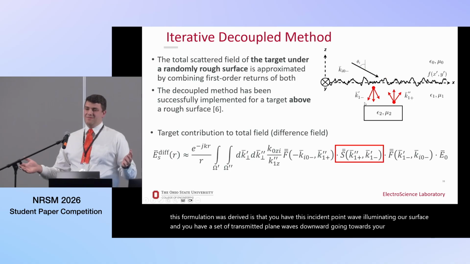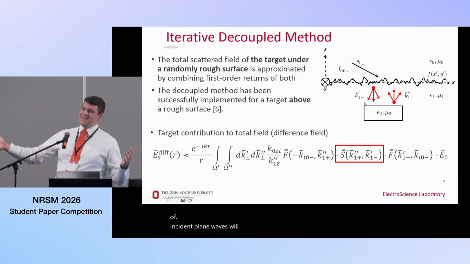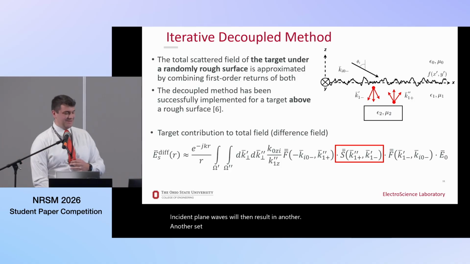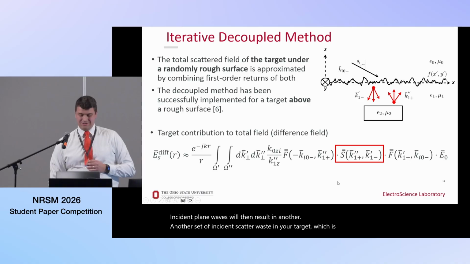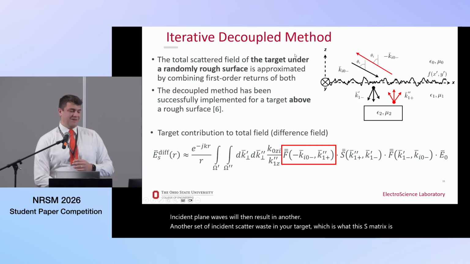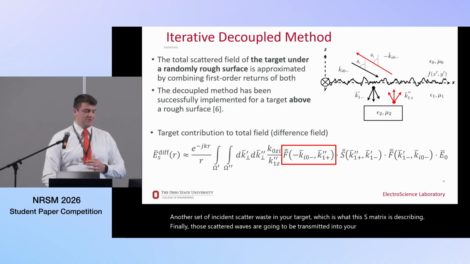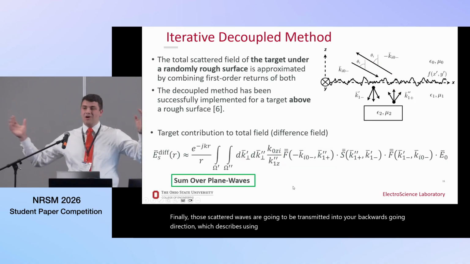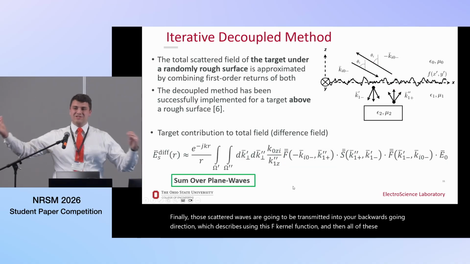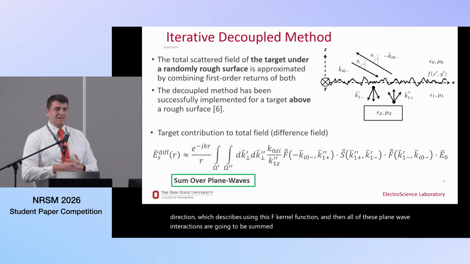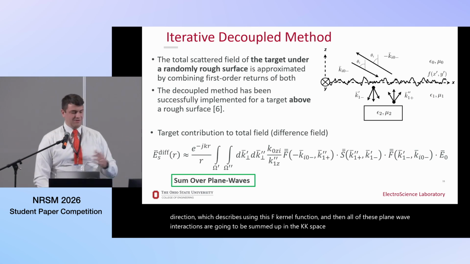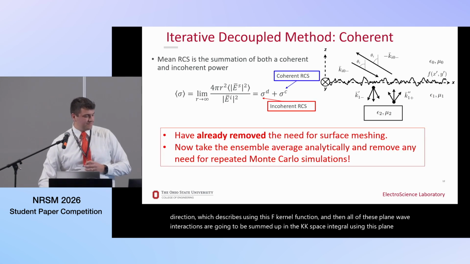That set of incident plane waves will then result in another set of scattered waves from your target, which is what this S matrix is describing. Finally, those scattered waves are going to be transmitted in your backwards-going direction, which is described using this F-kernel function. And then all of these plane wave interactions are going to be summed up in the K-space integral using this plane wave expansion method.